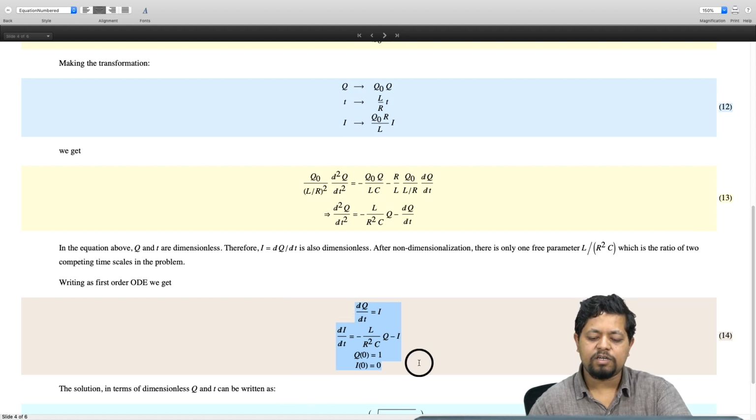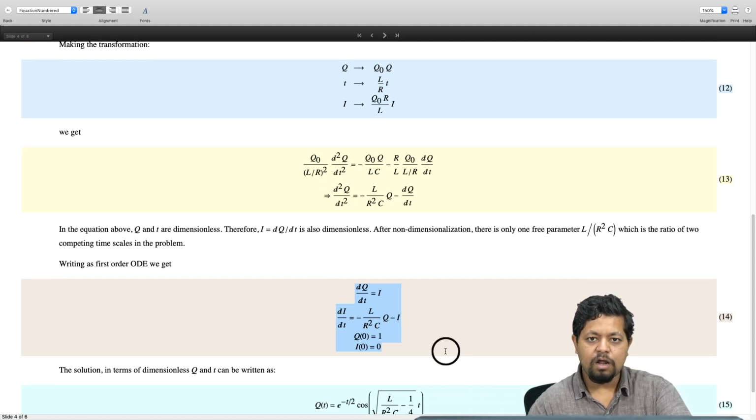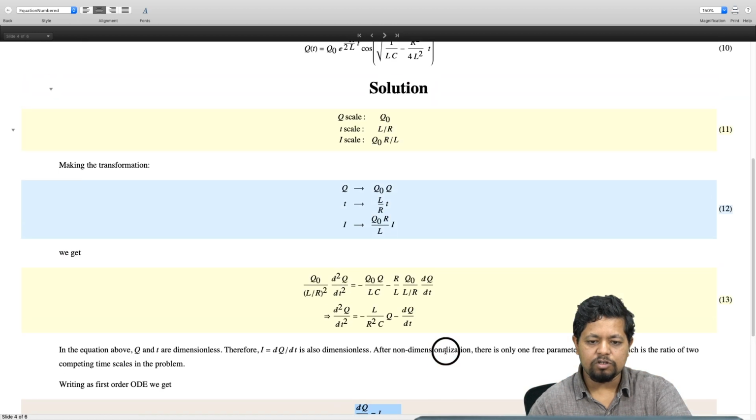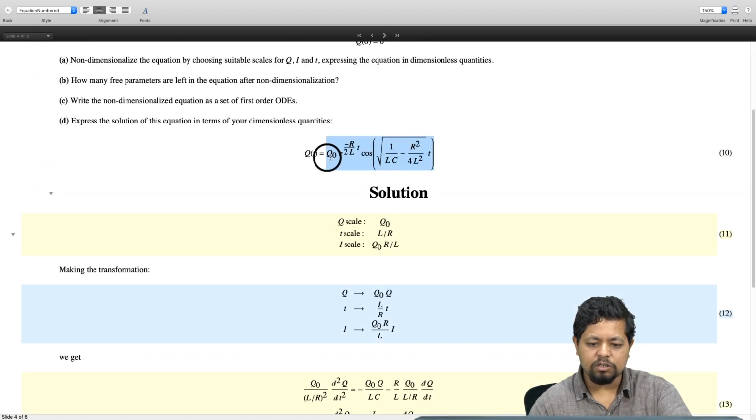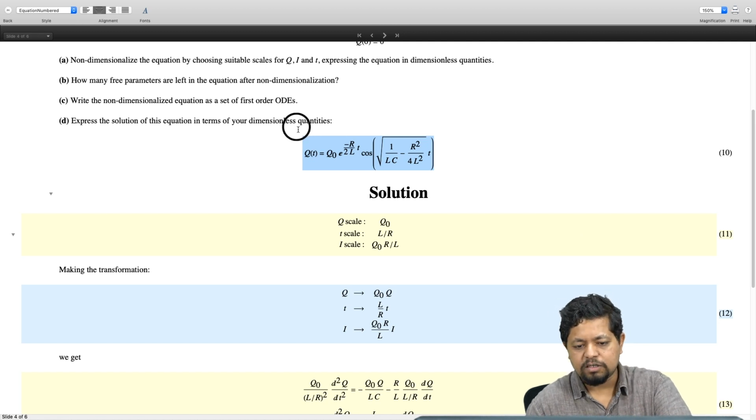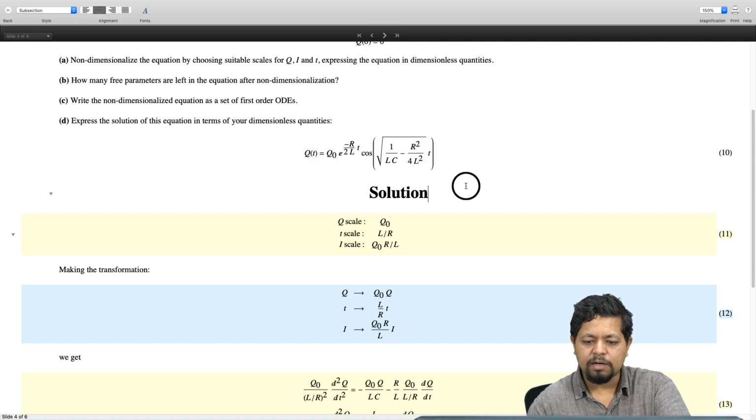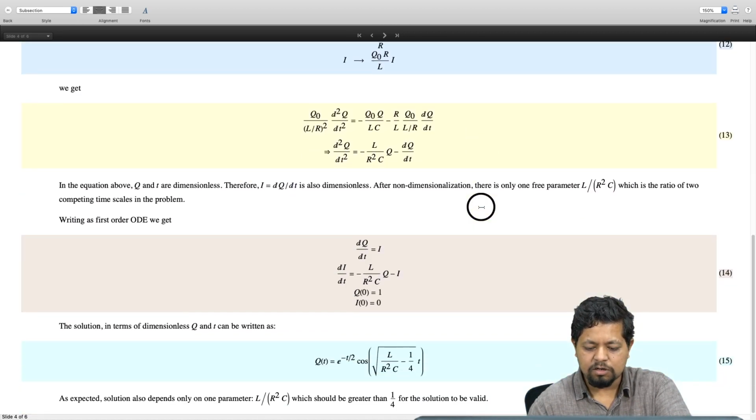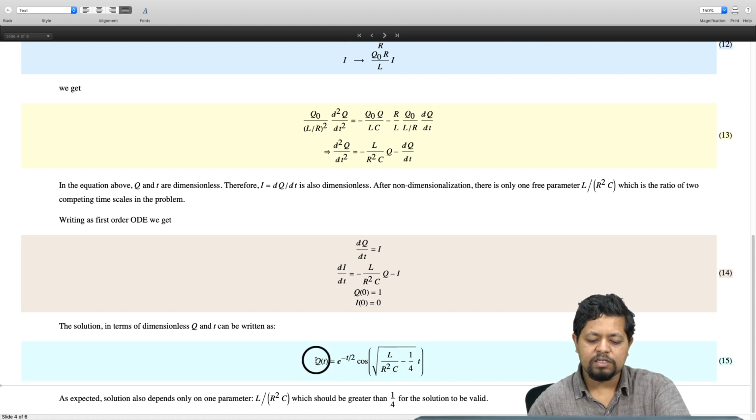This is a set of first order ODEs without any dimensions, and the only parameter is L by R square C. Now if I look at the analytical solution that was given to me for this, which we worked out a couple of lectures ago, I again non-dimensionalize this. When I non-dimensionalize this, my solution reduces down to this equation, where this is dimensionless charge.